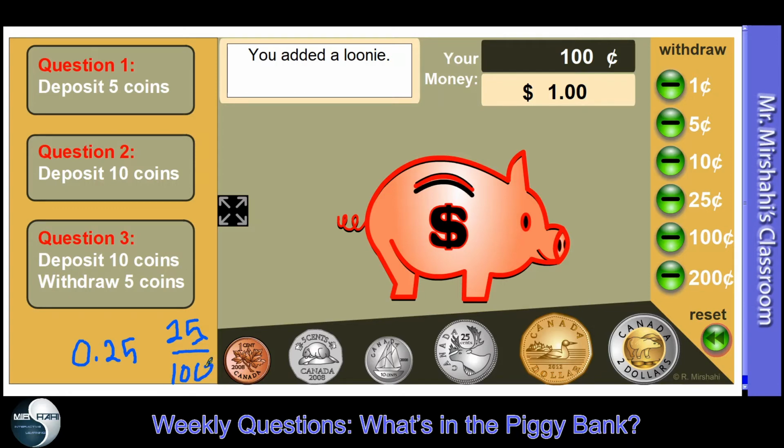And if I simplify this fraction, I should get 1/4. That's why we call it a quarter, because it's actually 1/4 of $1. 4 quarters makes $1. Now that we clear this up, we're going to look at the questions.